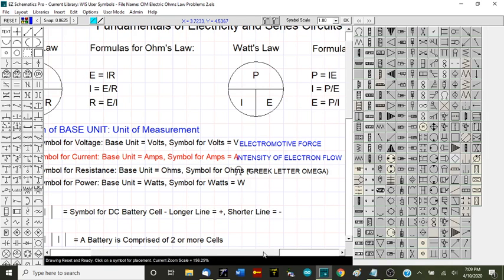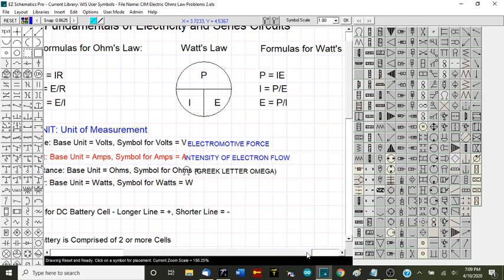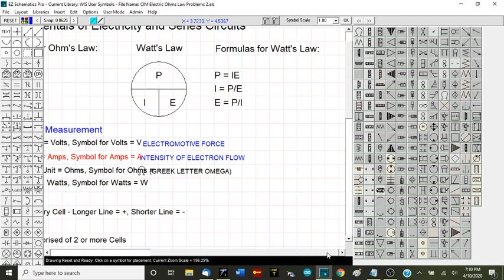The second pie chart I want to look at is what I call Watt's law. This is an easy formula to remember because it is a pie chart in that it uses the letters P-I-E. It's a true pie chart, so it's easy to remember.